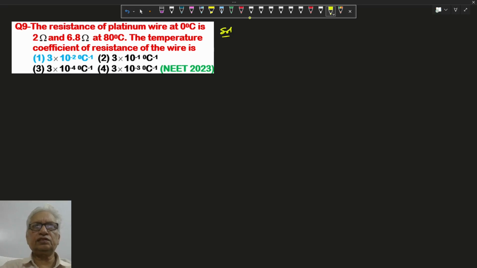In this question, the resistance of a platinum wire at 0 degree Celsius is 2 ohm, and at temperature T it is 6.8 ohms at 80 degrees Celsius. We have to find the temperature coefficient.